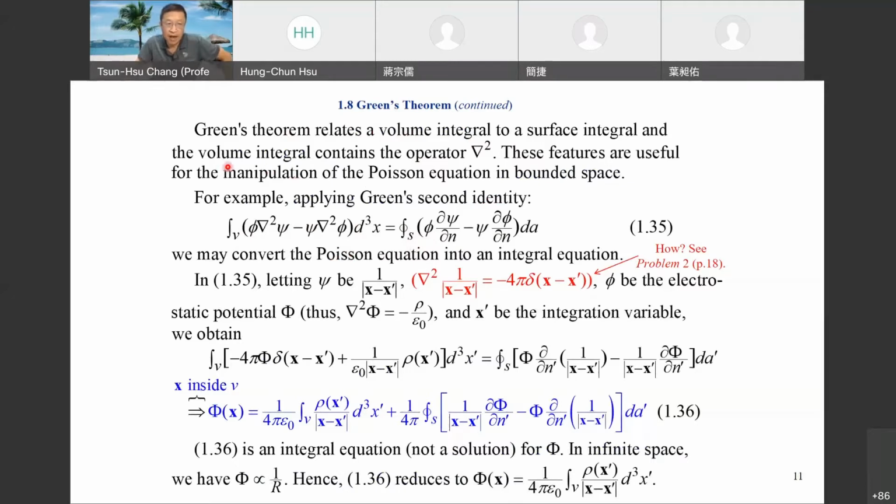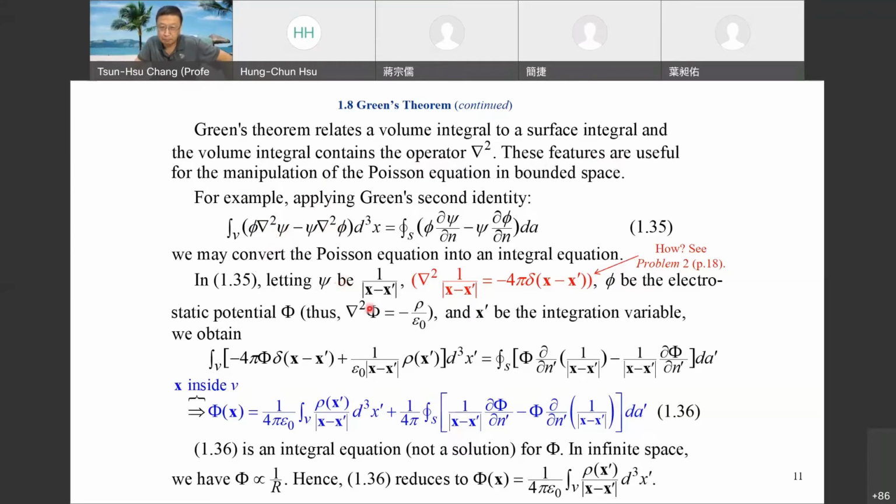So we will deal with the Laplacian operator. These features are useful for the manipulation of the Poisson's equation. This is the Poisson's equation, or Laplace equation.